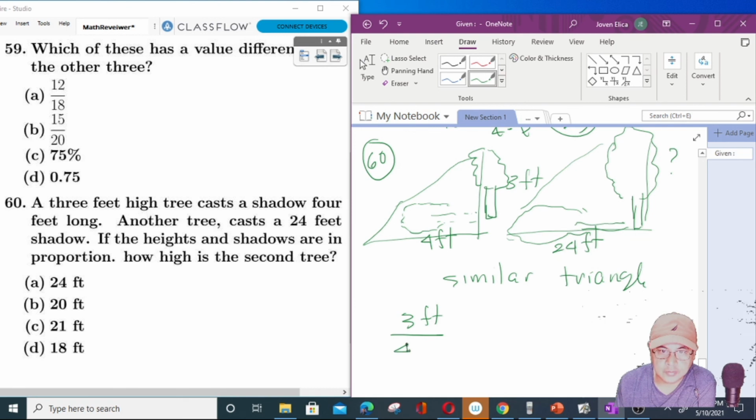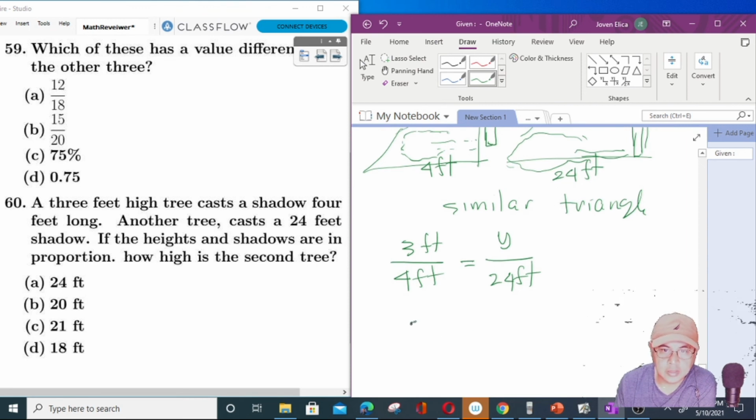Three feet is to 4 feet as the height of the tree is to 24 feet. Let's say this is y.